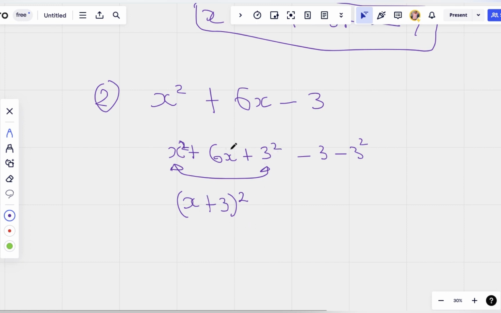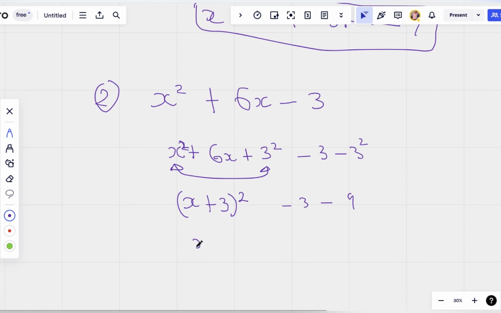Then minus 3 minus 9, right? Why? Because we are squaring only 3, not minus 3. We only subtracted it from here. So it becomes negative 12.